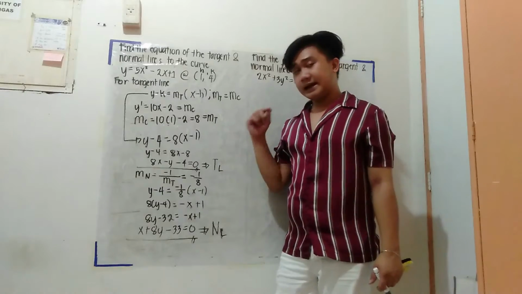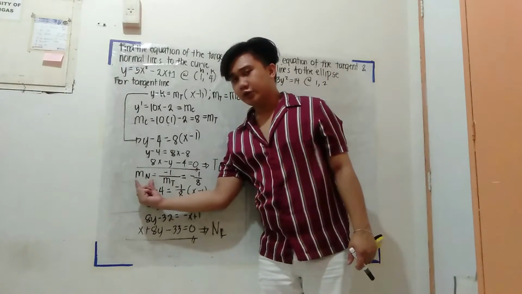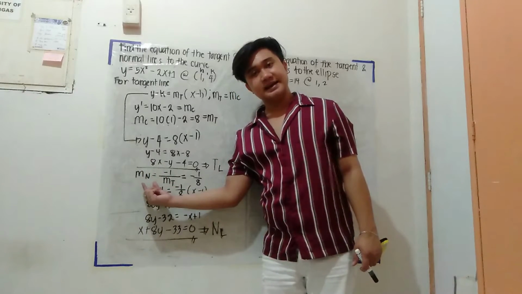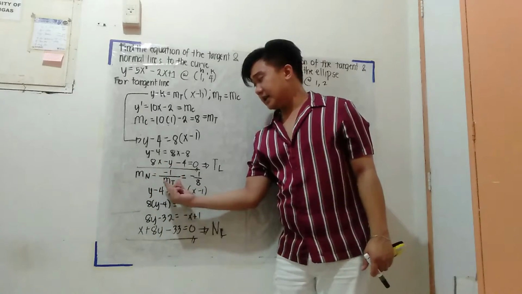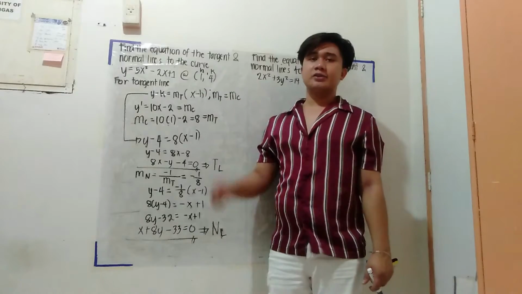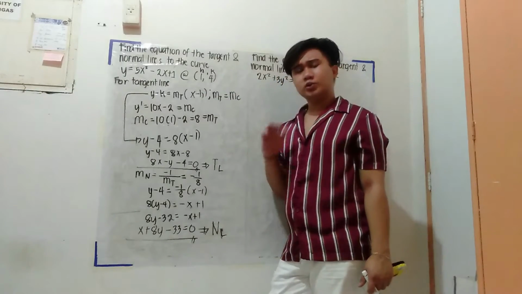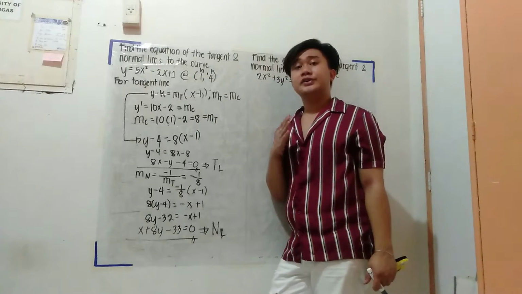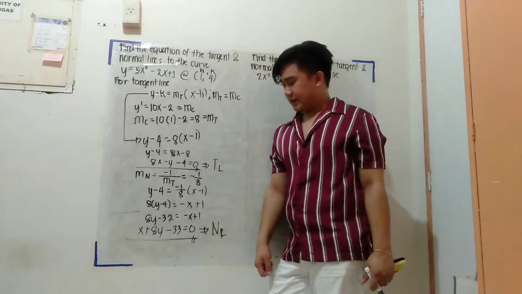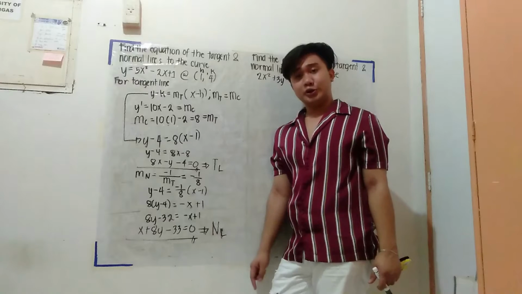Third theory, dapat alam natin na pag normal and tangent line, perpendicular sila, kaya the slope of the first line is the negative reciprocal of the slope of the other line. So, kung hindi nyo po alam yun, hindi tayo makakabuo ng equation. So, better review and do not memorize the theory. Understand the theory. So, you know how to apply them. Okay? So, ganun lang para makuha ang equation ng tangent line and normal line.